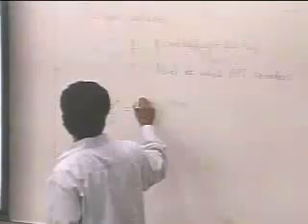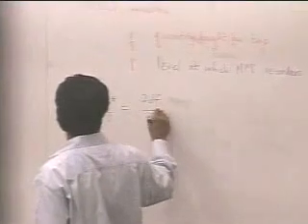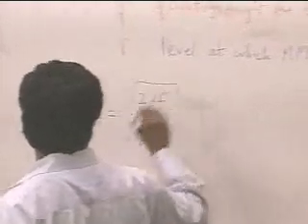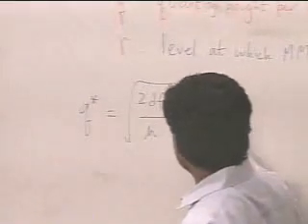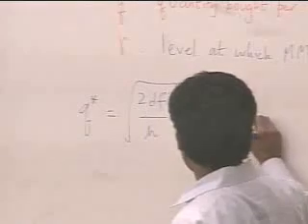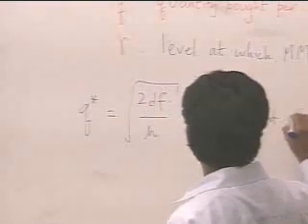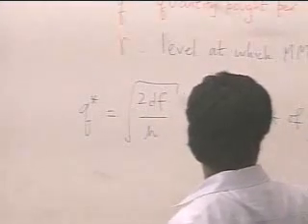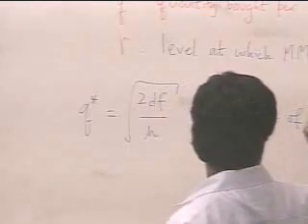Now, does this solution make sense? This time around we got our Q star to be equal to the square root of 2DF over H. So this is independent of P, the profit, or the profit rate.